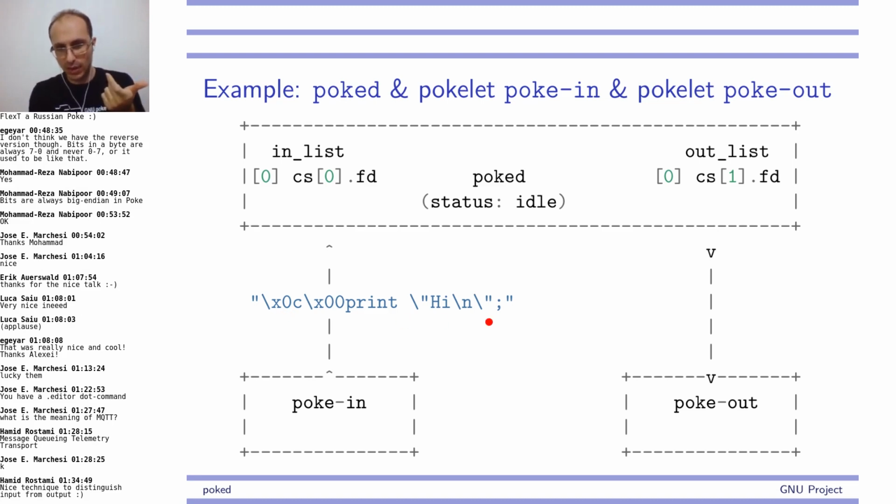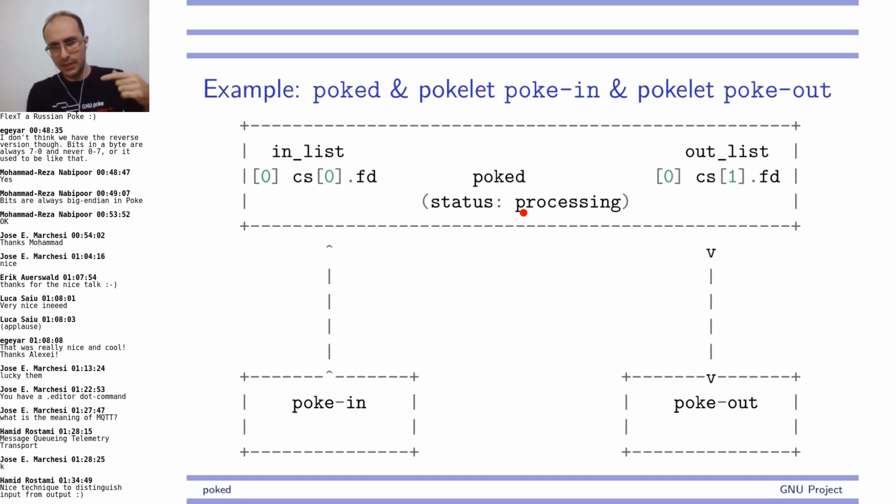So it is 12 characters, which is 0C in hexadecimal followed by 0, and then the real payload. All payloads are prefixed with the length, and we only have 2 bytes for it because it's more than enough.